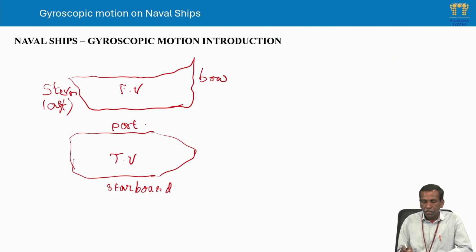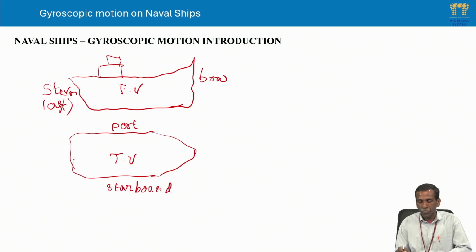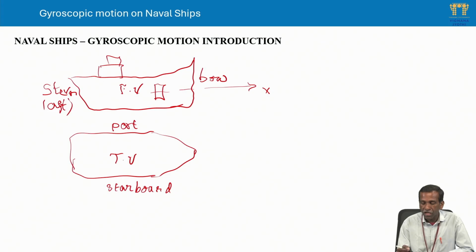The ship contains all the rotating bodies, that is, the motor and everything to propel it. Let us take these rotating masses, the motor and everything rotating with respect to the x-axis, the spinning axis. So a rotor is rotating with its own angular velocity, omega s, with the usual notation.